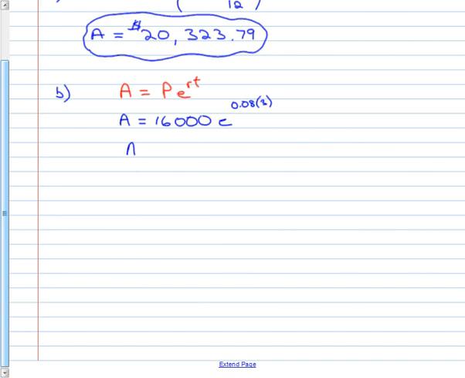So just substituting it in, or putting it in the calculator: $20,339.99 when you round that. Again, should be accurate to the penny.